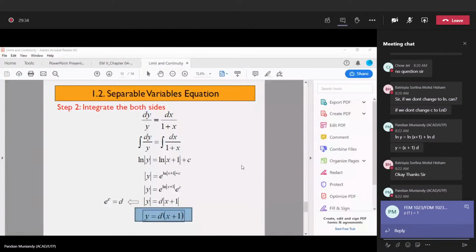So find the value d. When y is 1, x is 1, what is your d?